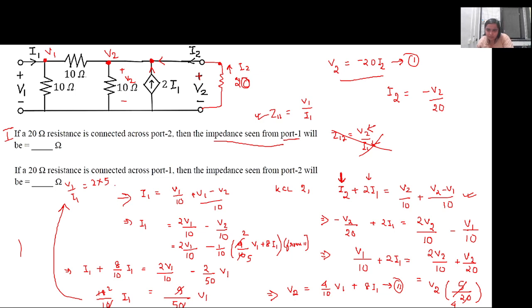Is this correct? Yes, ma'am, it is correct. So if a 20 ohm resistance is connected across port 2, the impedance that will be seen from port 1 is given by V1 by I1, which is 2 into 5.